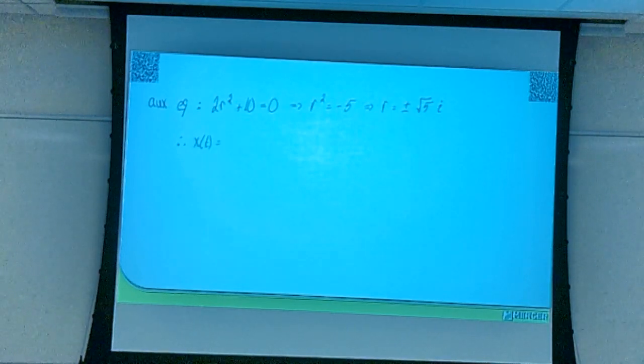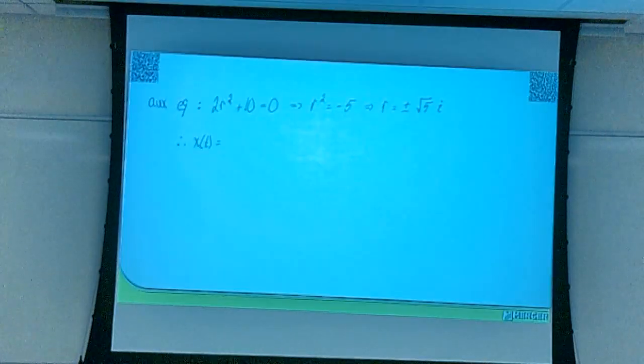What is your solution? Now remember, you have three cases when you solve the auxiliary: distinct, repeated, and complex. So what can we say?